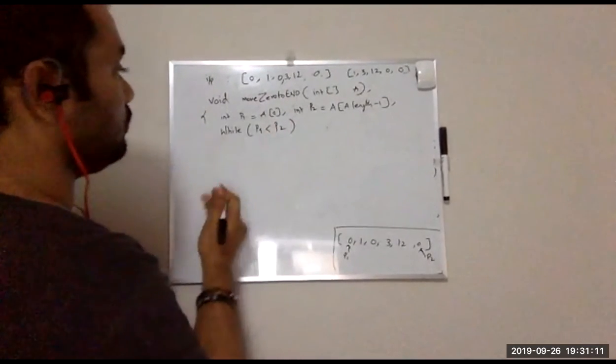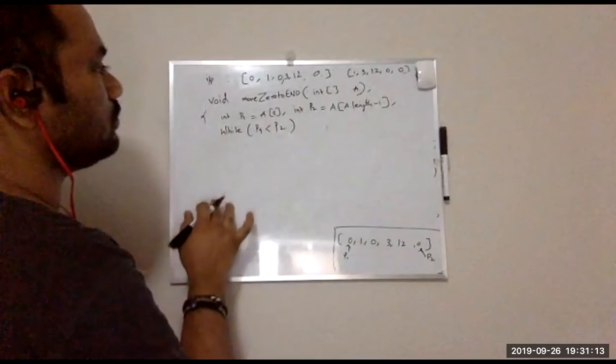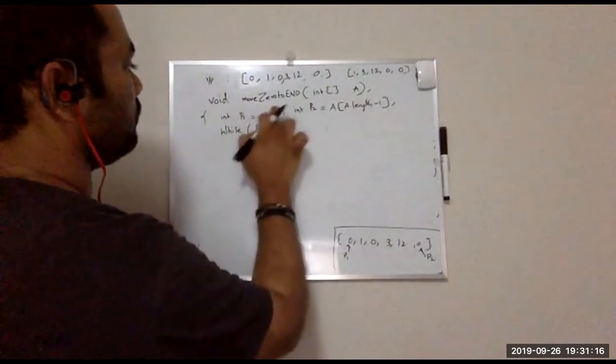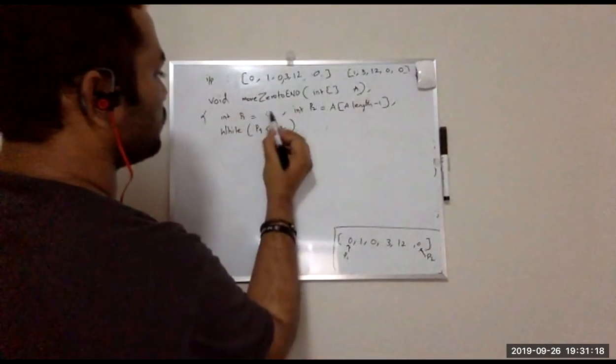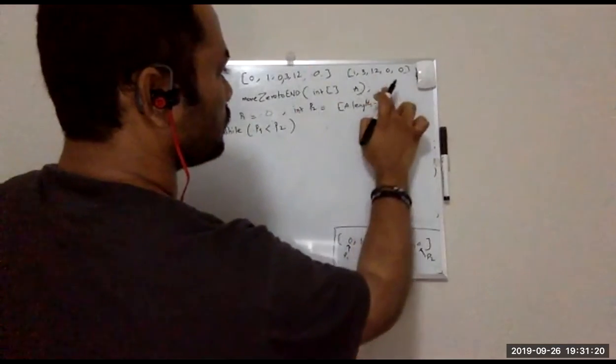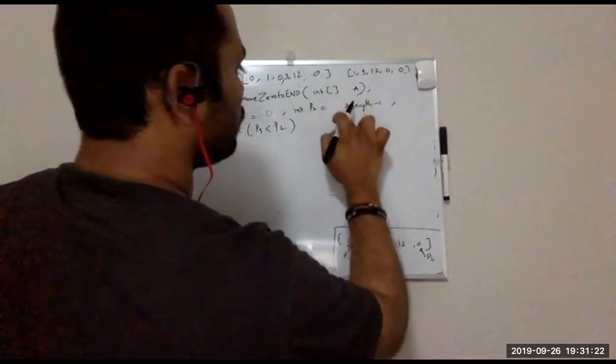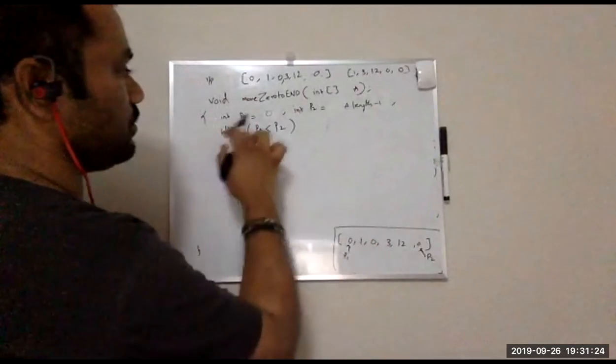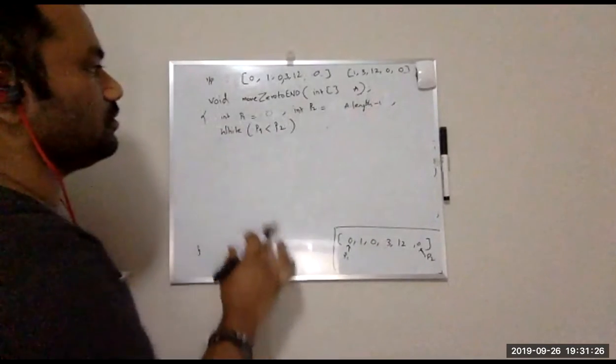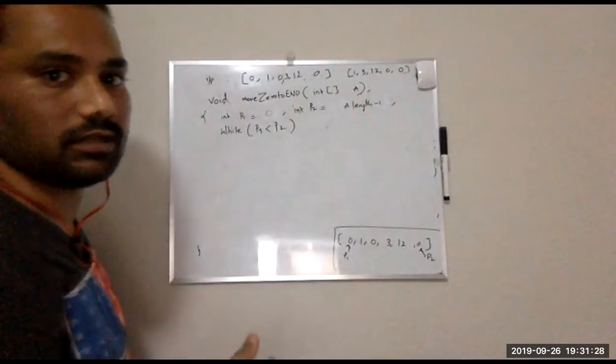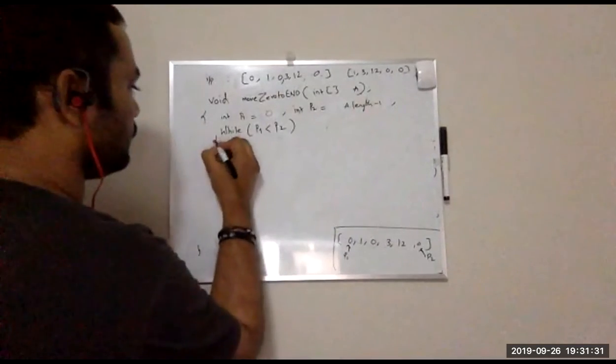Sorry, we need to check only the indexes 0 and length minus 1, we should not take the actual values. That's a mistake.